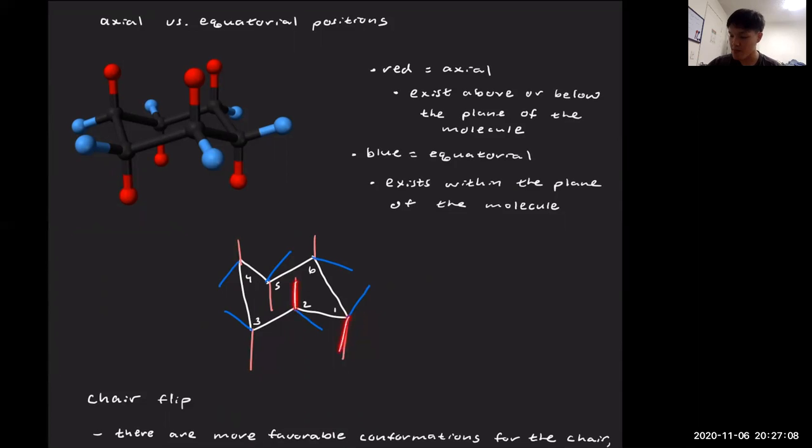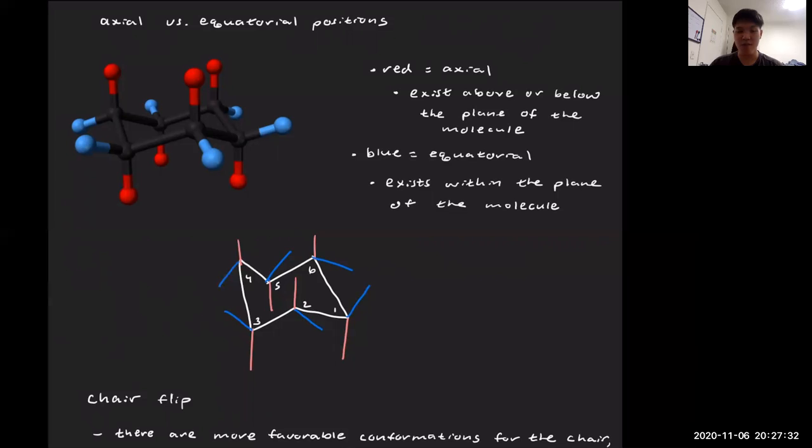So down, up, right? And then since this is down axial, there's only one more space for the other substituent to exist, and that's as up equatorial. And if you know that this is down equatorial, up equatorial, down equatorial, and so on and so forth.